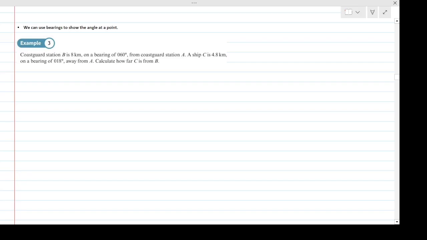Right, so again, we want to sketch the situation where the points are, but it includes bearings, which are basically angles. Well, they are angles, but they work slightly differently to typical angles. Now, bearings, there are two key points.